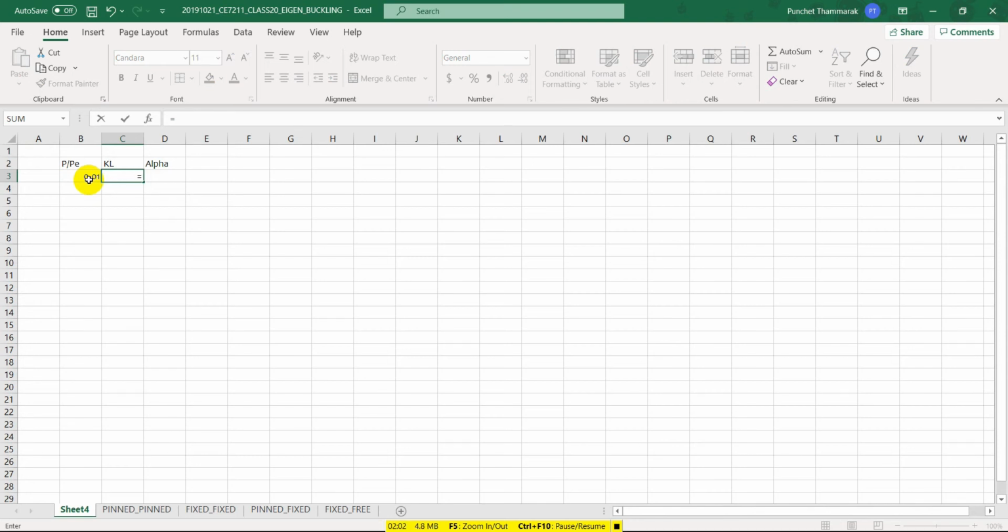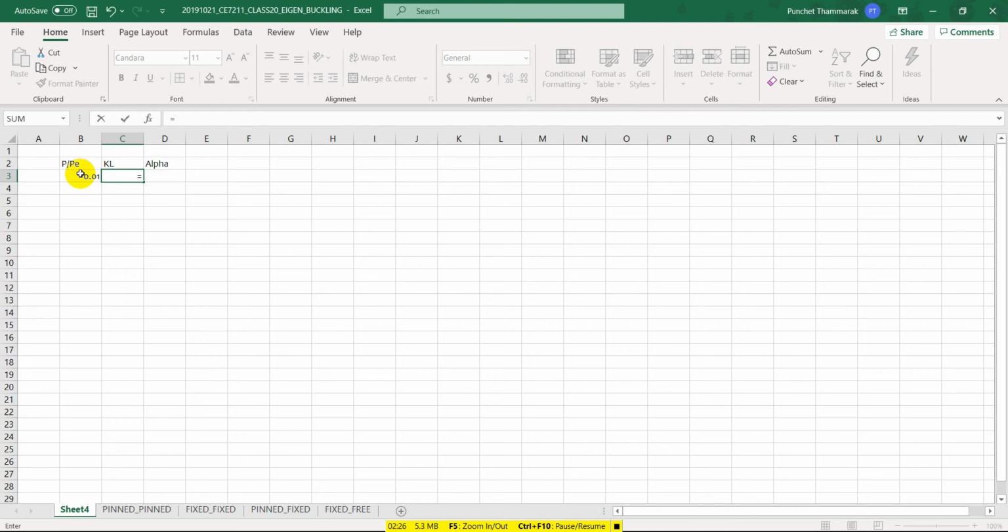P over PE, which is pi square EI over L square. This is the K square, right? L square over pi square.